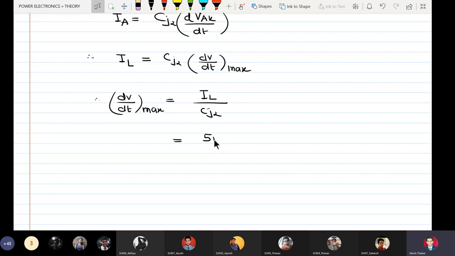So latching current is given as 5 milliampere, CJ2 given as 25 picofarad.